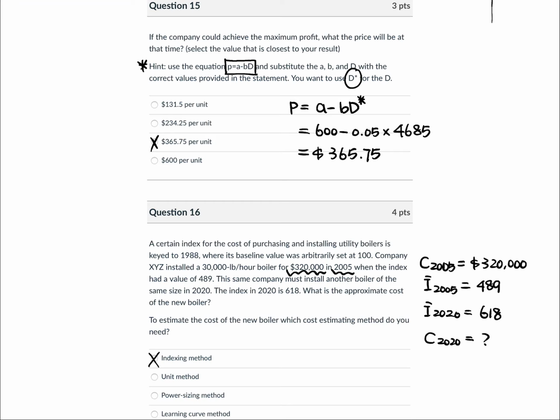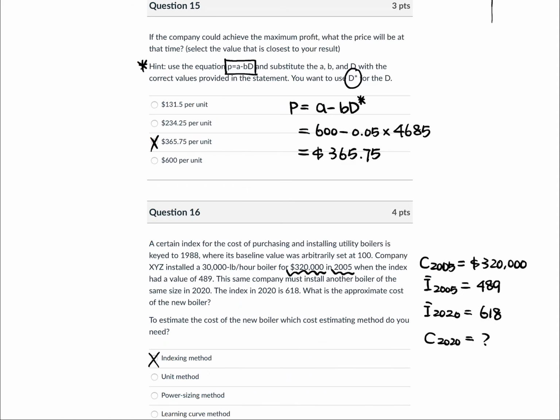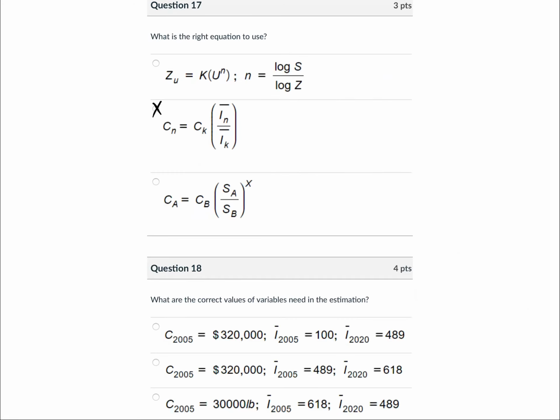So this is about the price index. So you want to choose the indexing method, and the equation for the indexing method, this one, easy. So what are the correct values of variables needed in the estimation? We already listed here.